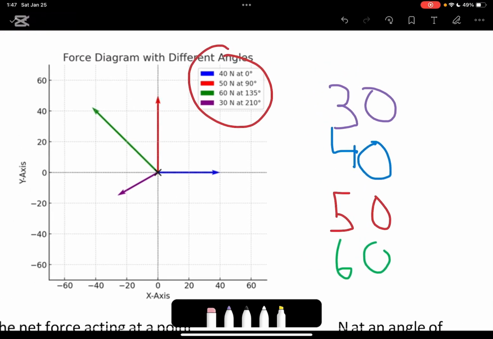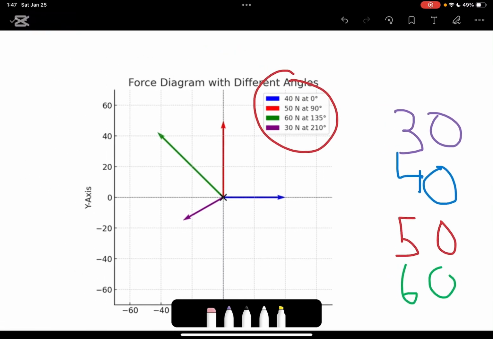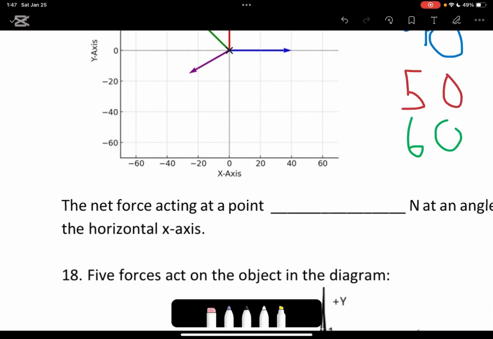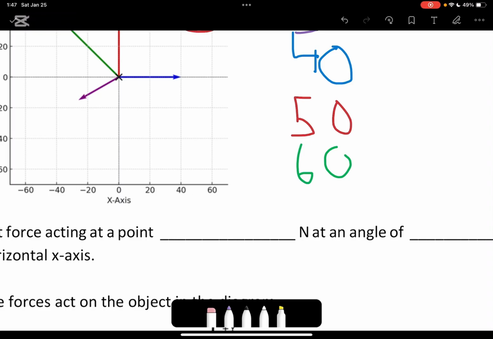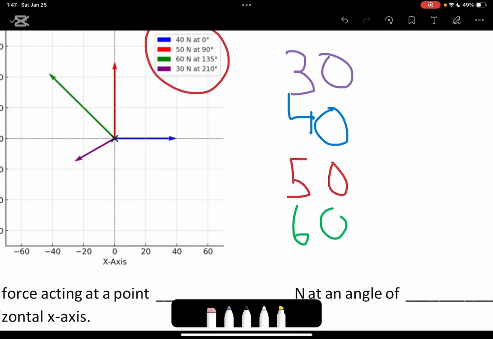Now the net force acting at a point is approximately, so I think I got the answer right. Let me just use my calculator. Like that, 80.